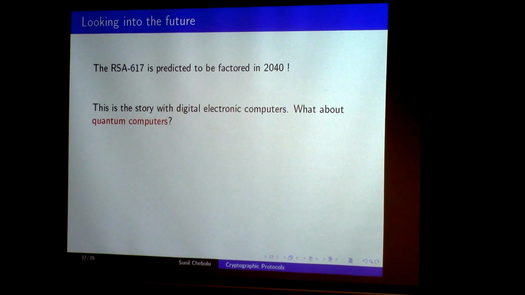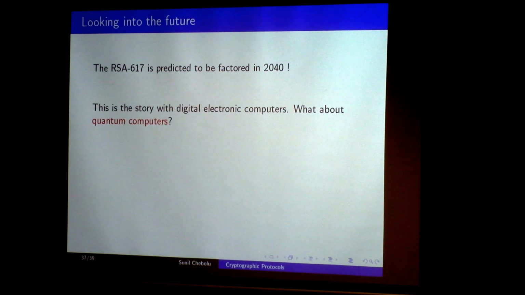So let's look into the future. RSA 617 is predicted to be factored in 2040. People who do estimation and time series analysis predict the speed at which computer power is growing, and then they come up with these estimates. I'm not sure how accurate these are, but that's the estimation.